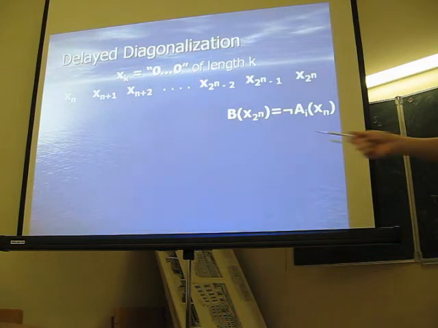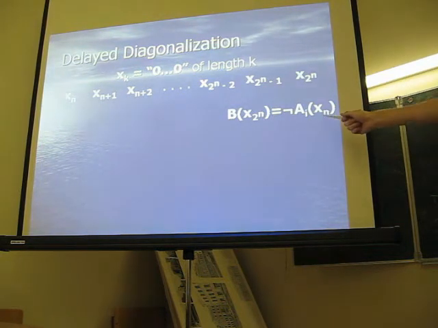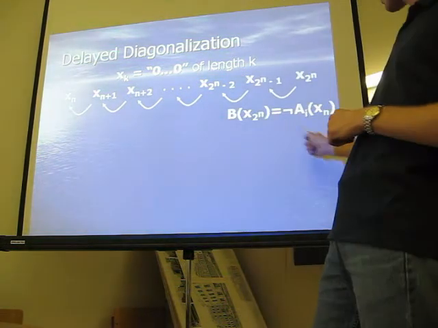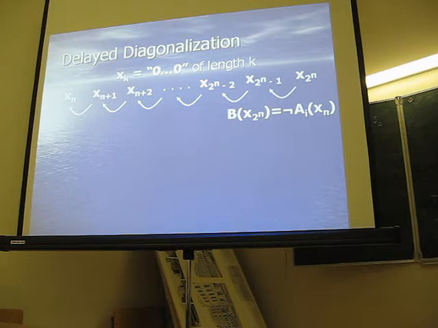So B can negate A_i on input x_n and still be a polynomial time machine. This is the trick. Somehow we want to make B compute this value on the smallest input, and then we will obtain a contradiction, so we'll get B disagreeing with A_i.